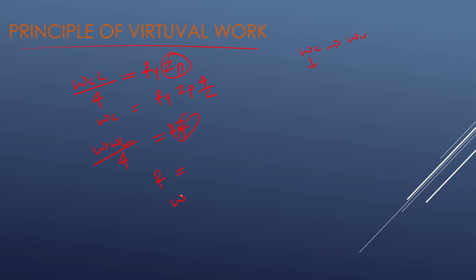So working load W equals 4 by L into F into Z.